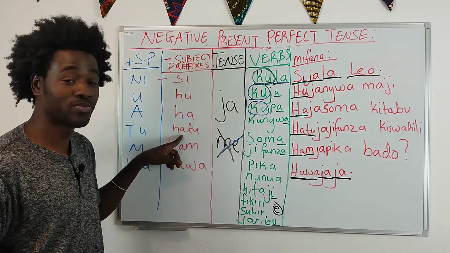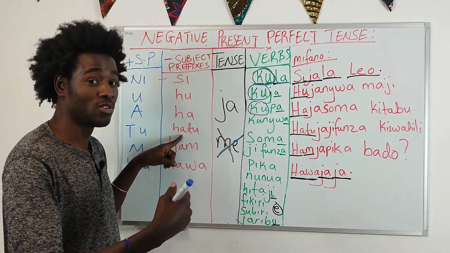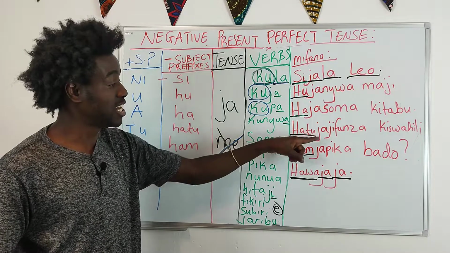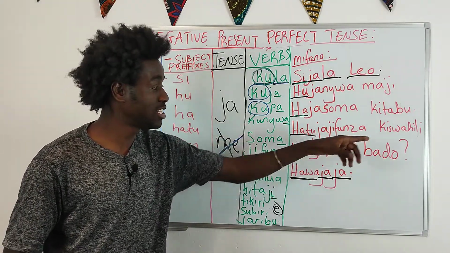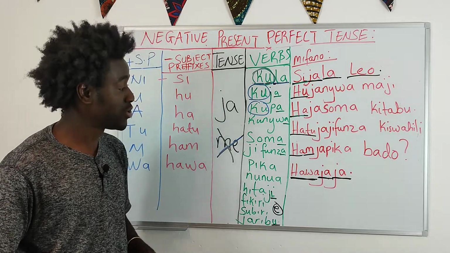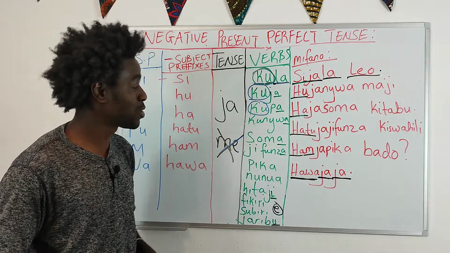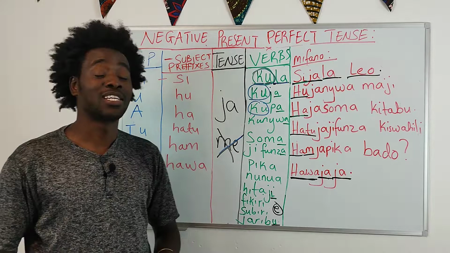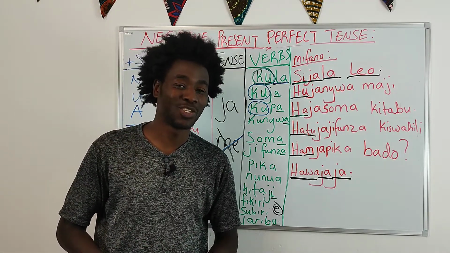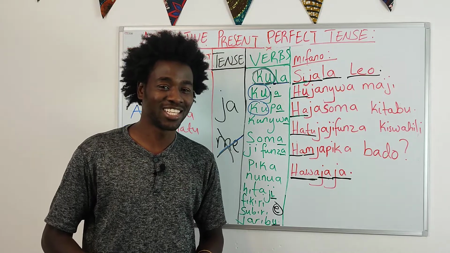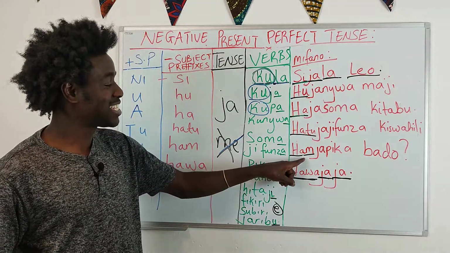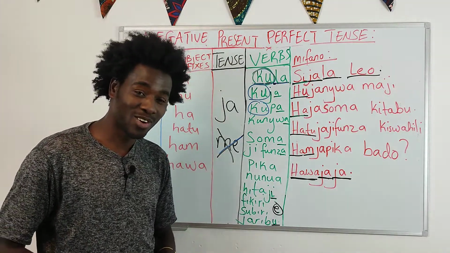So hatu, negative for we, and ja, negative tense, which is present perfect, and jifunza, learn, and Kiswahili, the language that we are learning now. So hatujajifunza Kiswahili means we haven't learned Swahili.